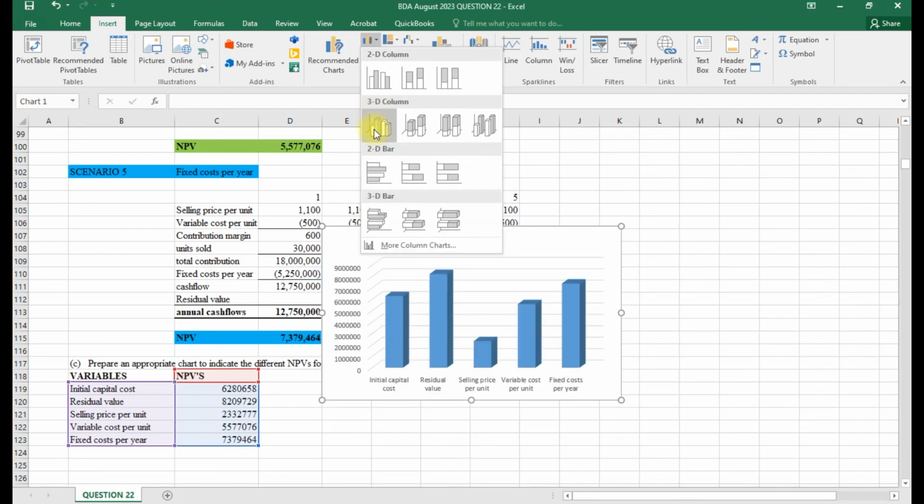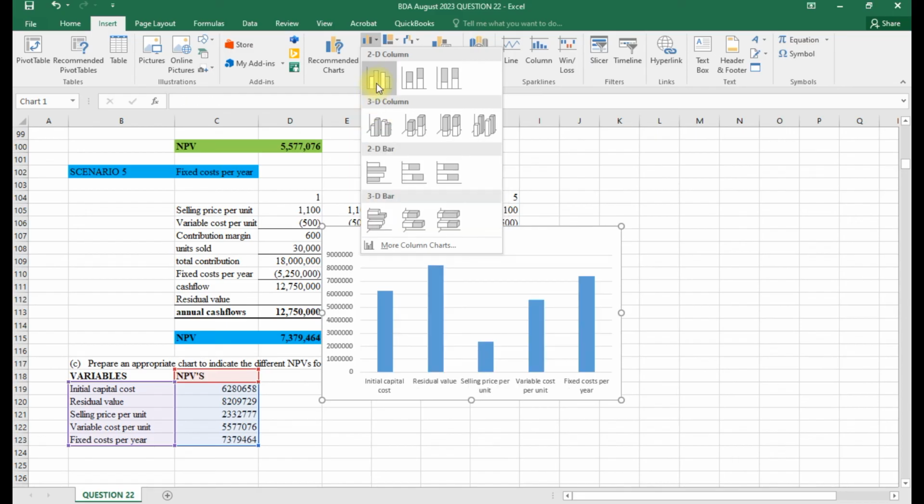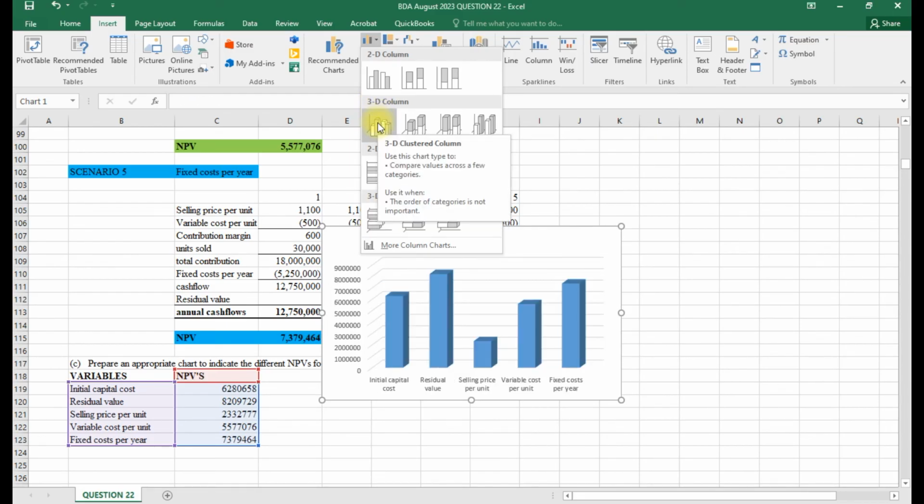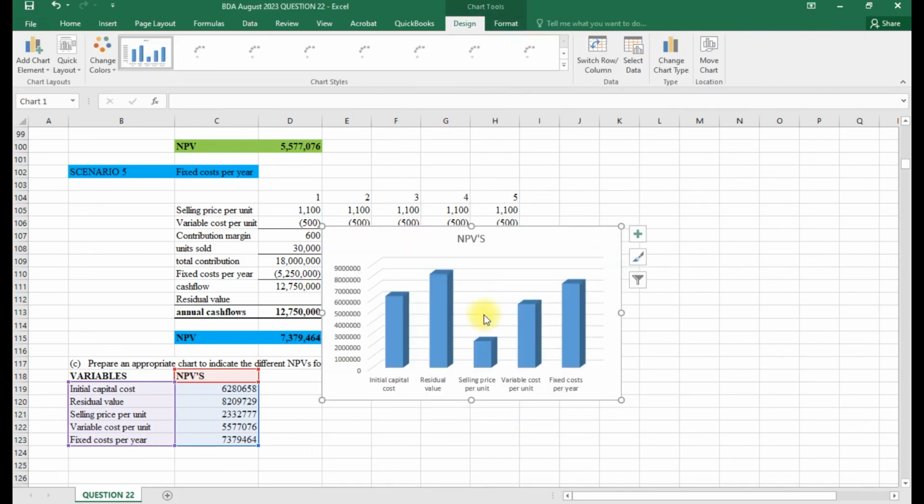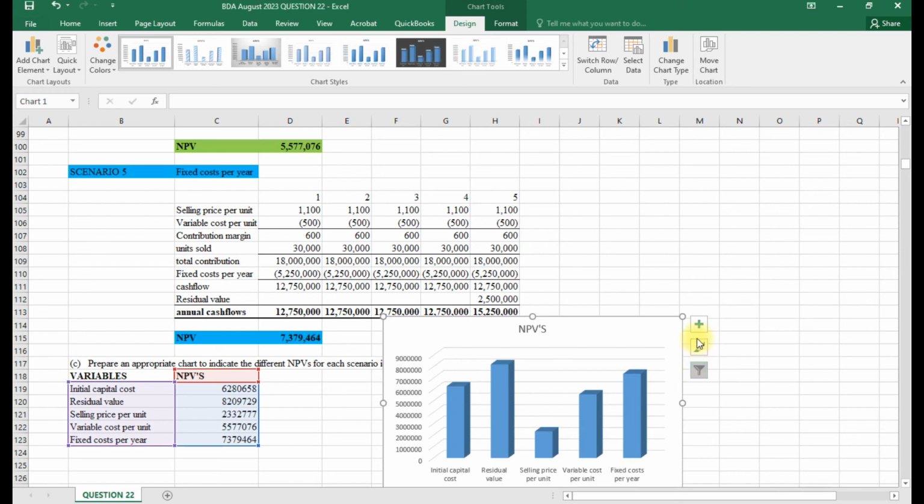So when I use the 3D or the 2D, whichever you will use, it will give you the best view. Okay, let me use this and I will edit this to use the data labels and my chart title.